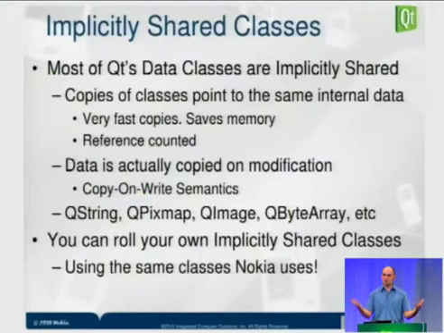So those two copies of QString will have a pointer to the exact same data. It is only when you go to manipulate the data and change it that there will be a copy made. A function called detach is called, and now that copy will have its own data and no longer be related to the class you copied from.